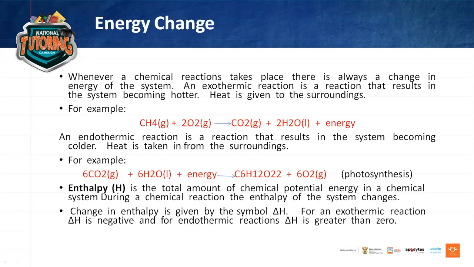So energy changes. What are energy changes? Whenever a chemical reaction takes place, there's always a change in energy of the system. An exothermic reaction is a reaction that results in the system becoming hotter.